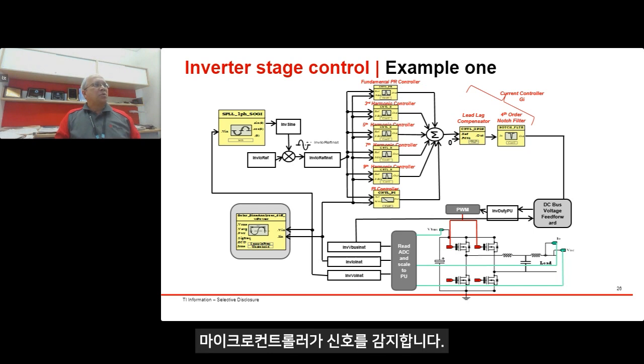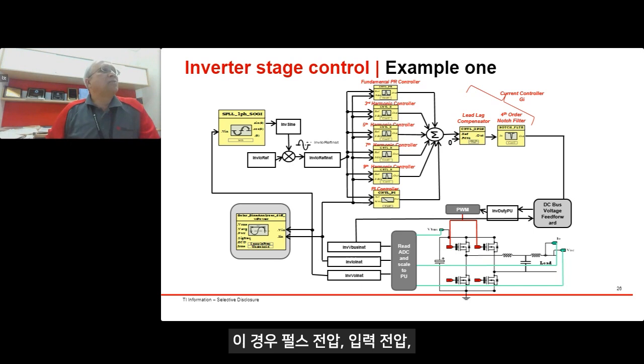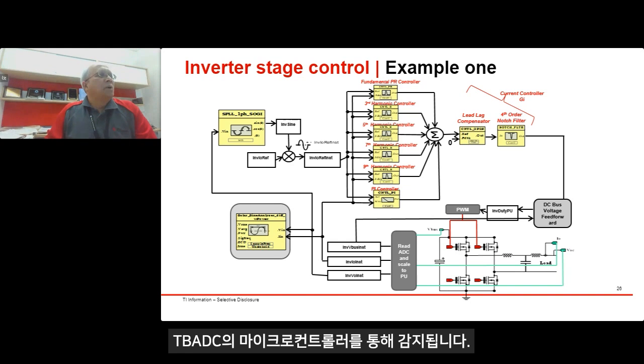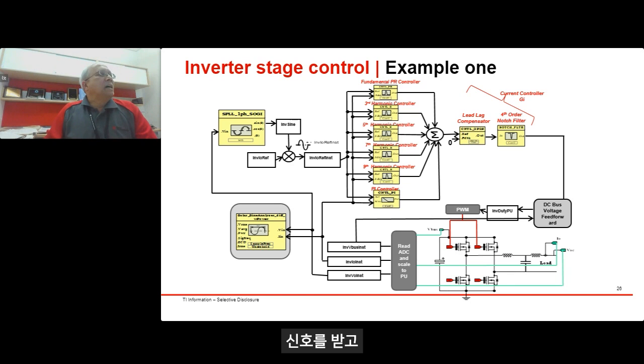The microcontroller senses signals. In this case, it shows the bus voltage, input voltage, and the grid current, and the grid voltage are being sensed through the microcontroller on-chip ADC. The signal is taken, and then it implements the SPLL.